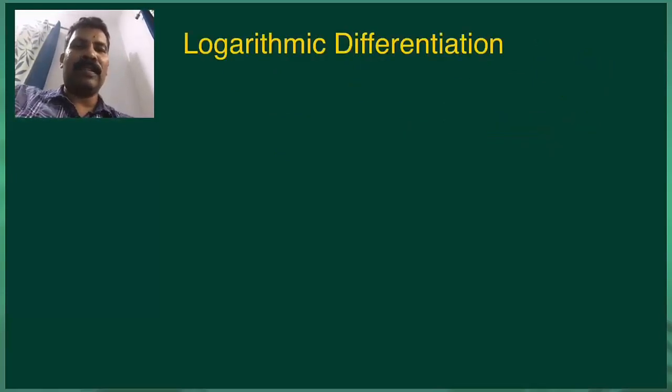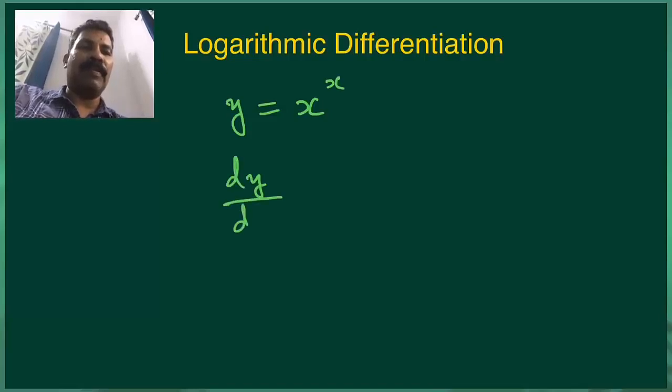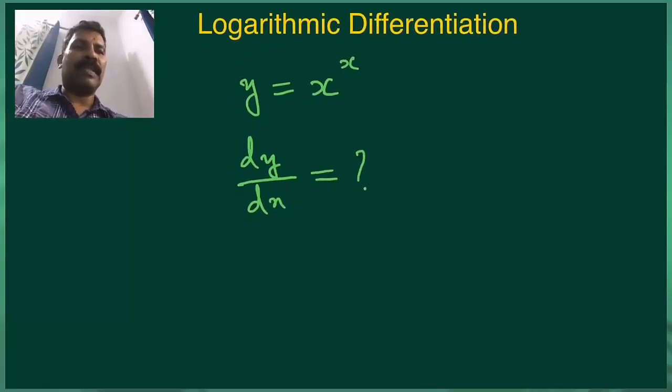We know many methods to find the derivative of a function till now. Suppose we are given the function, say y is equal to x power x. Then how do we find the derivative dy by dx? So here comes the relevance of logarithmic differentiation.